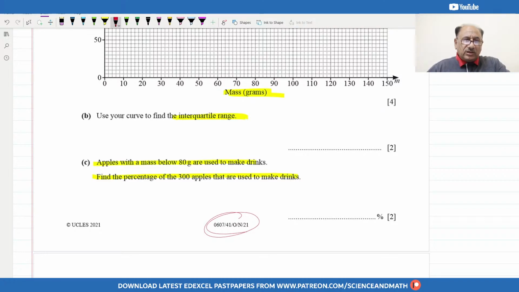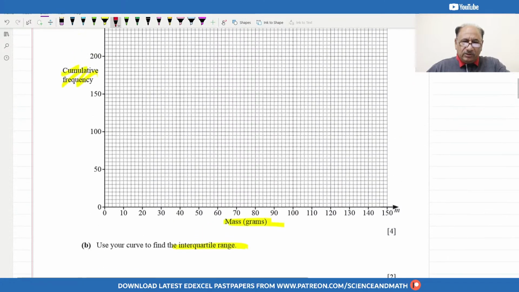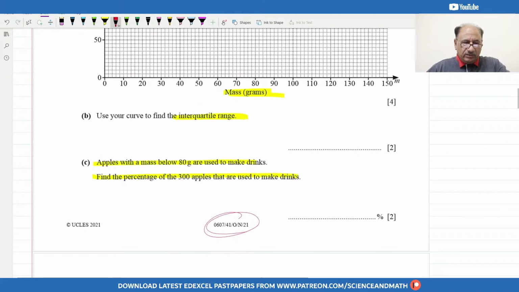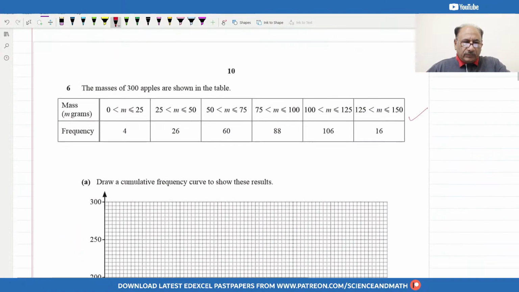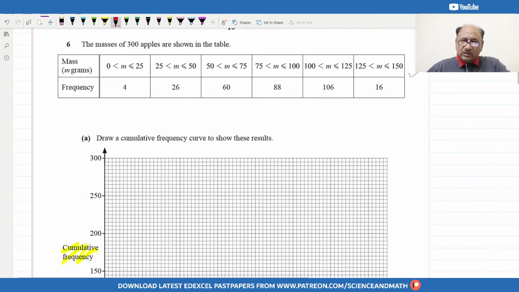So this is what I'm saying, that there can be a cumulative frequency graph linked with the histogram which you will have to complete. So this is on the basis of the previous questions I'm telling you.